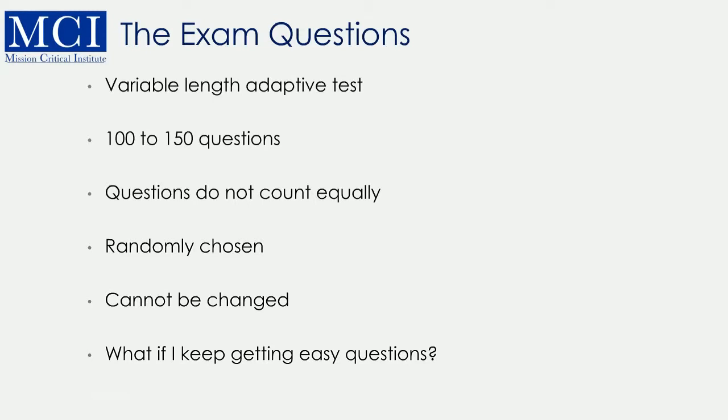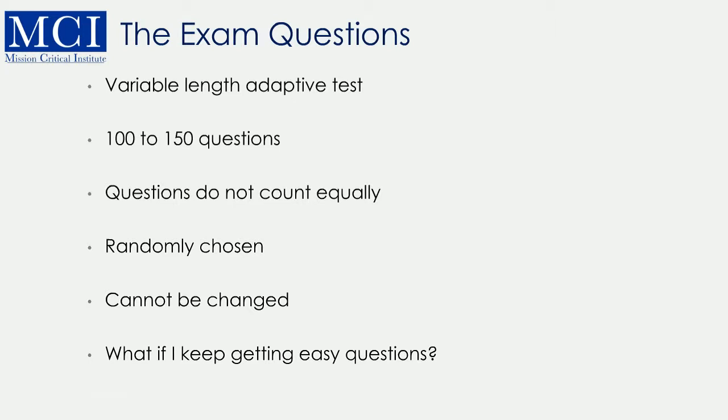So what about those questions? Well, it's a variable length adaptive test. That means that you have a different number of questions and a different amount of time that you're going to take to do the exam. So there's going to be 100 to 150 questions.